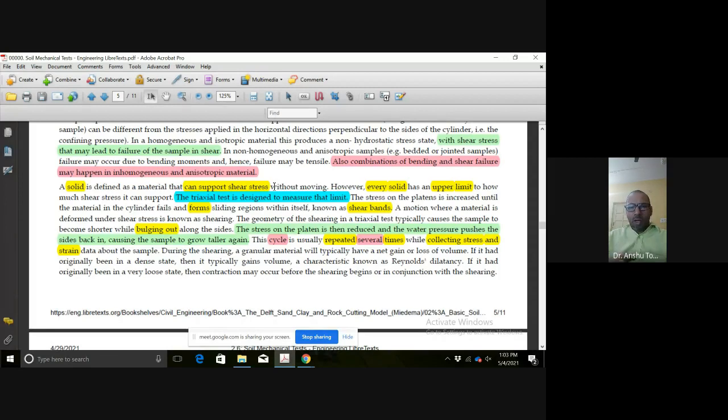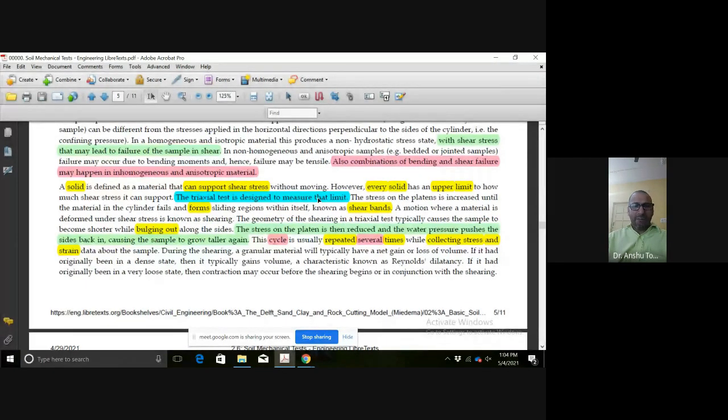So every solid, every granular material which is converted into a solid cylinder will definitely have a shear resistance. Every solid has a minimum and a maximum limit. That is the purpose of the triaxial apparatus, to evaluate that minimum and maximum limit of the shearing stress. The triaxial test is designed to measure that limit.